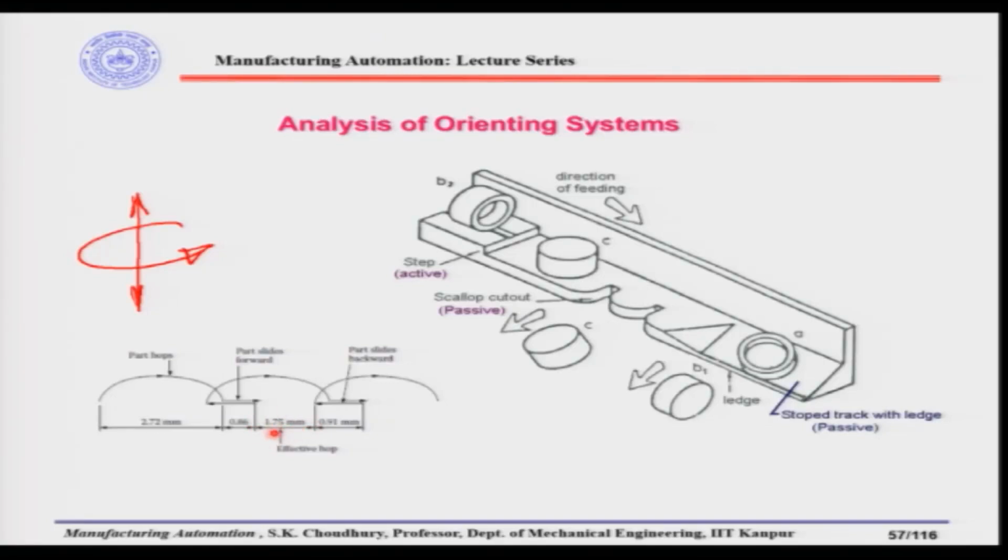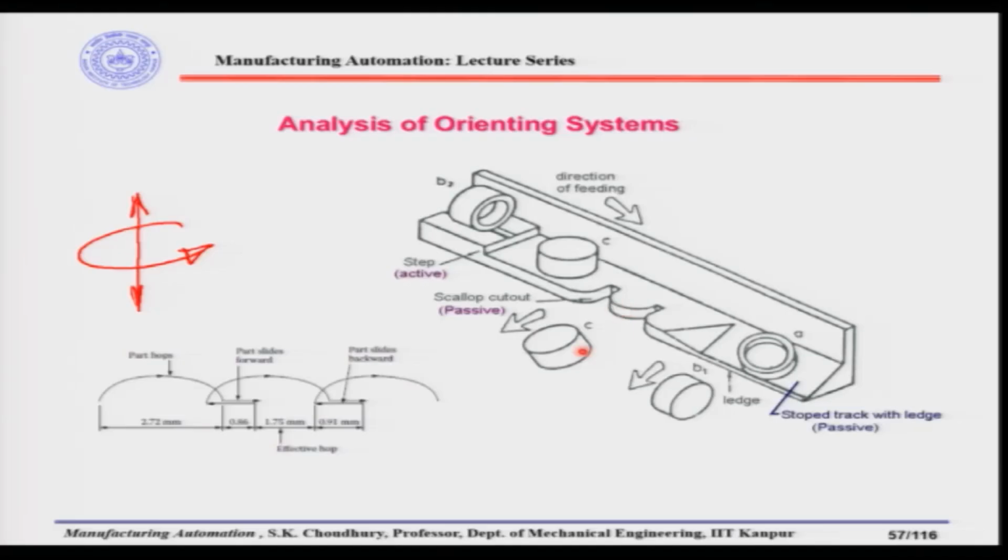So, knowing this information and knowing the internal diameter of the part, we can actually design this scallop cutout, which is a passive device, so that the parts with the open side down cannot negotiate this scallop and they fall.